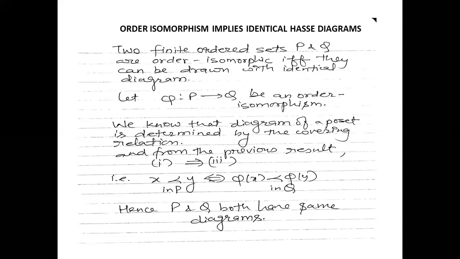In the first, what did you have? In the first you have that phi is an order isomorphism, and in the third you have that x is covered by y if and only if phi x is covered by phi y. That is what we are using.